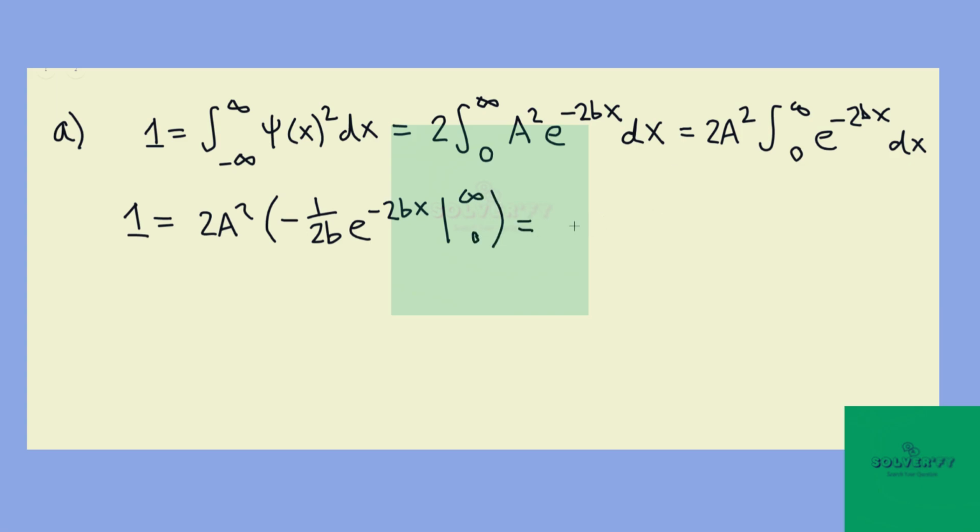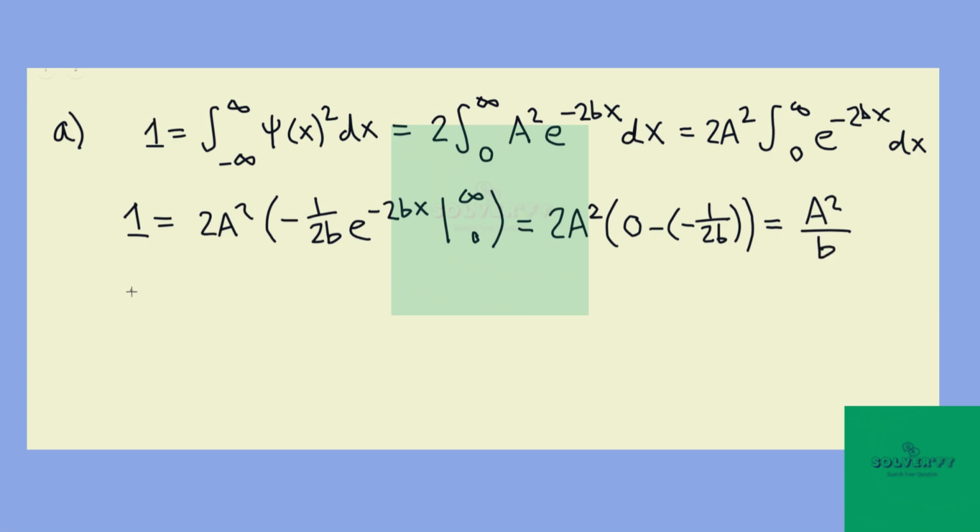Of course, the decaying exponential at infinity is simply 0, and at 0 it's 1. We have 0 minus negative 1 over 2b, which of course makes it positive. And simplifying everything, we have big A squared over b.